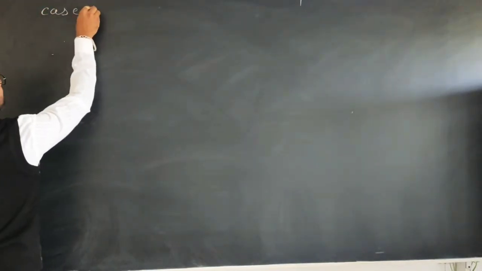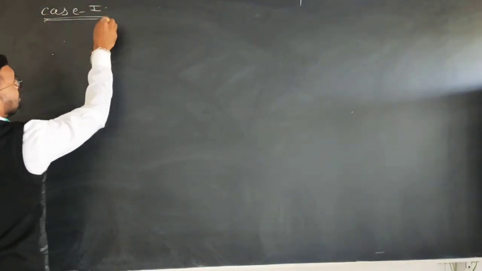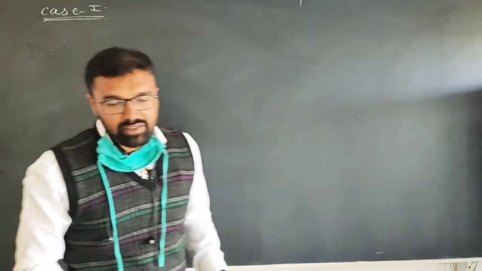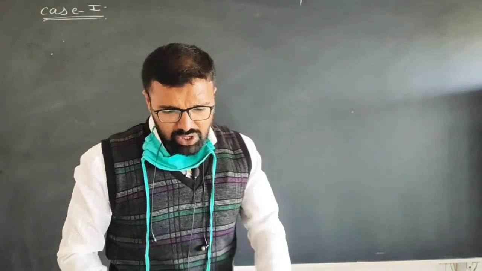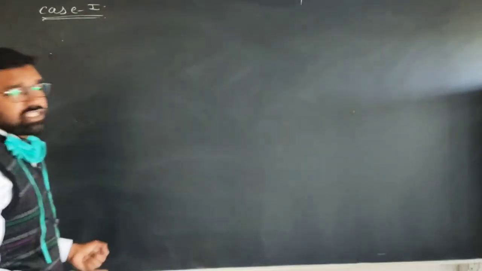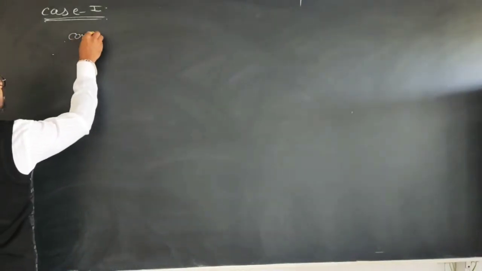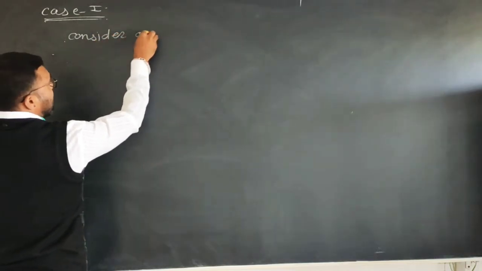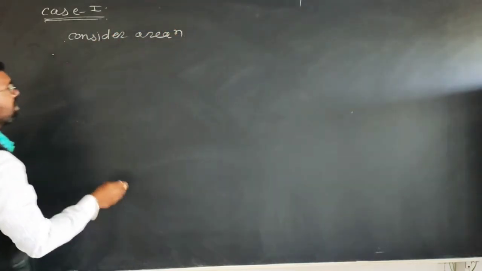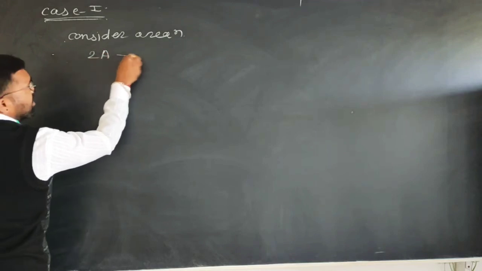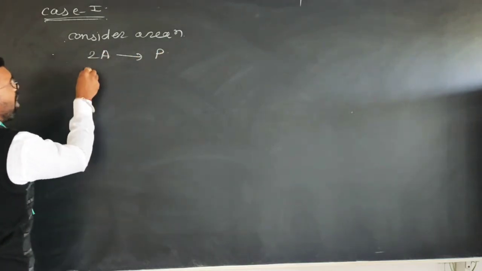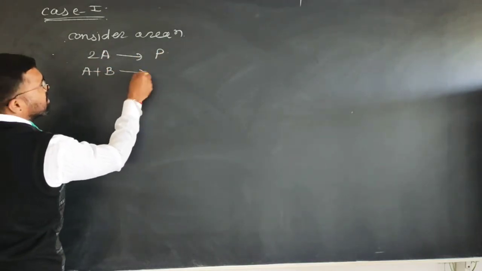What is the case first? With equal initial concentration, or same type of reactant involved. Suppose a general reaction, consider a reaction 2A gives product, or A plus B gives product.